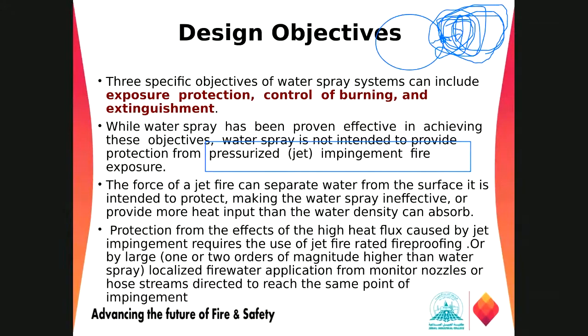To protect against that, we might need some other kind of protection. The best option is to use monitors, or hose monitors, or other kinds of manual firefighting systems in those areas.